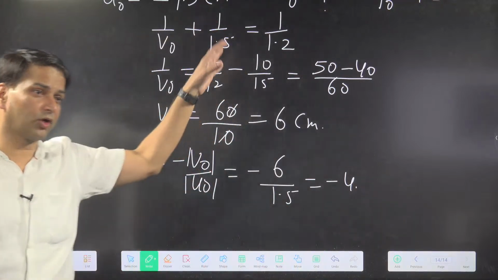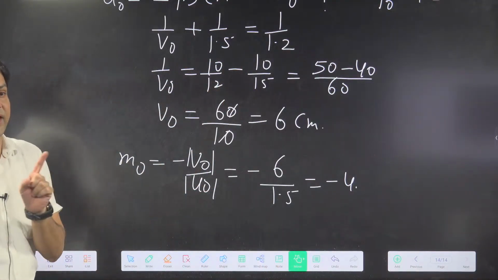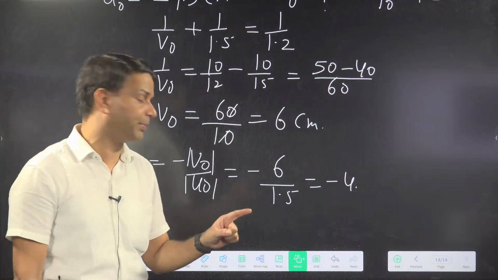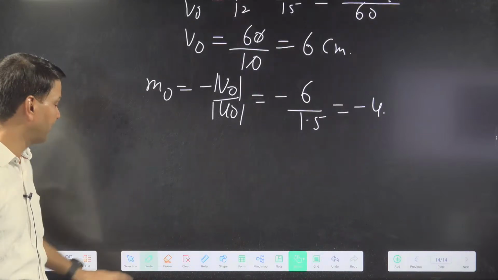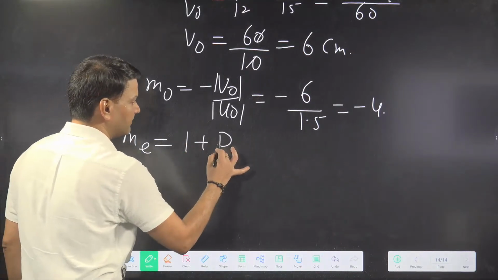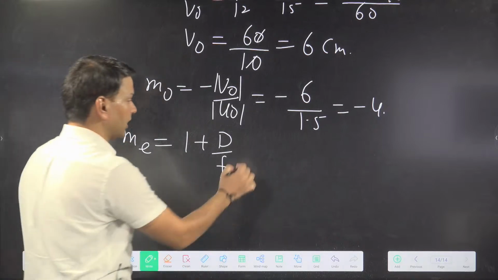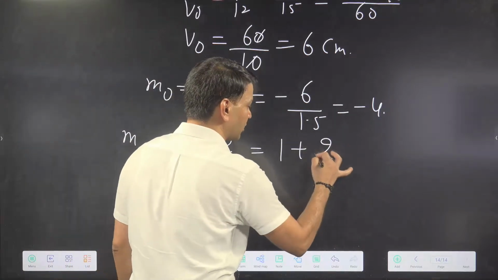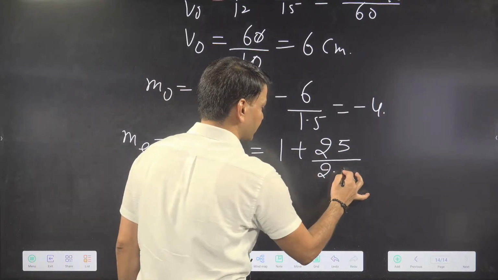But magnifying power of the microscope they are asking. So final image, what I said, if they have not mentioned, we will consider at capital D. So when the final image is at capital D, then ME is equal to 1 plus D by FE. So that is equal to what? 1 plus D is 25 centimeter, and FE what they have given? 2.5.